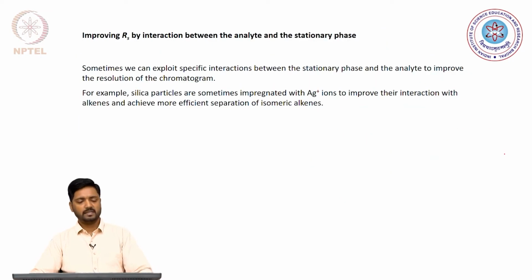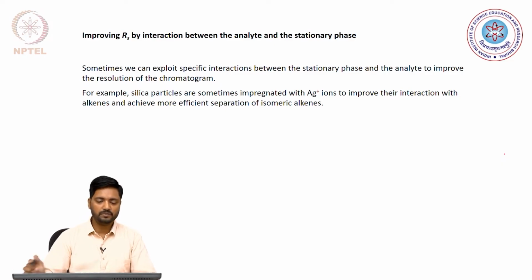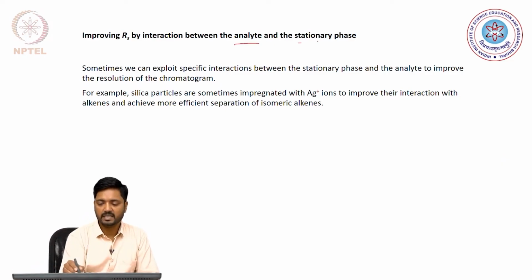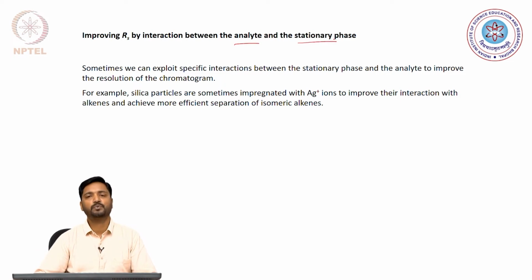Before that, I would also want to quickly highlight to you that sometimes as chemists we utilize certain unique interactions between the analyte and the stationary phase to improve the resolution of our columns.